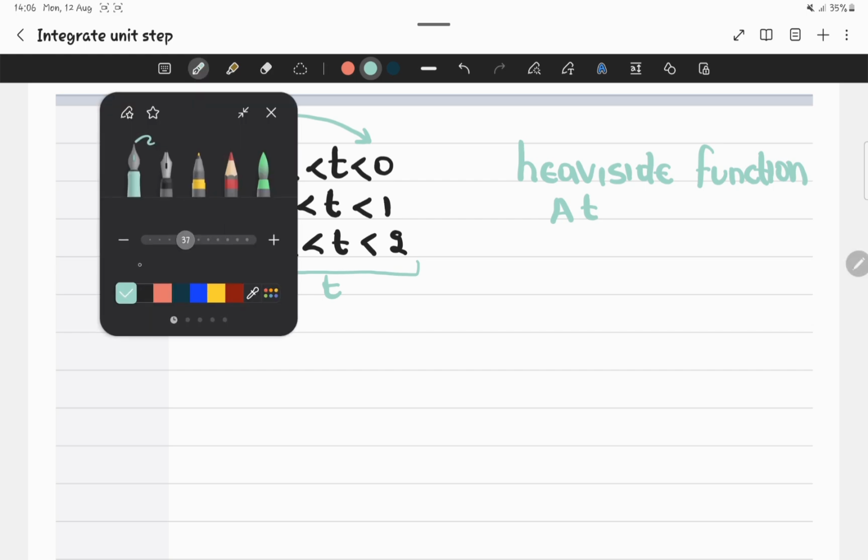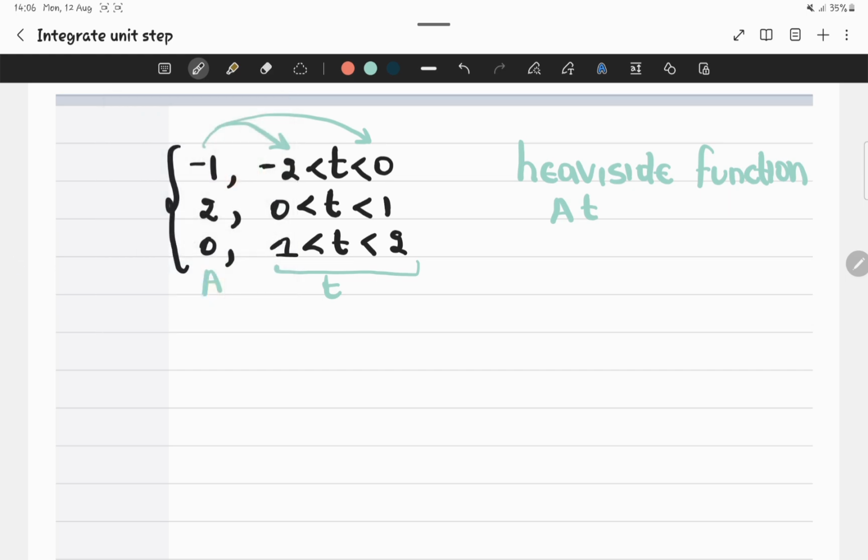So I'm going back to start. It's going to be -1 for the first block, u of t.